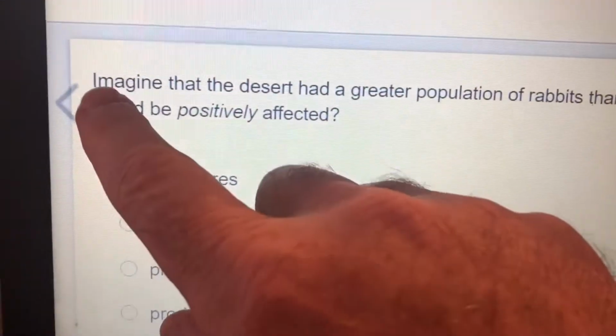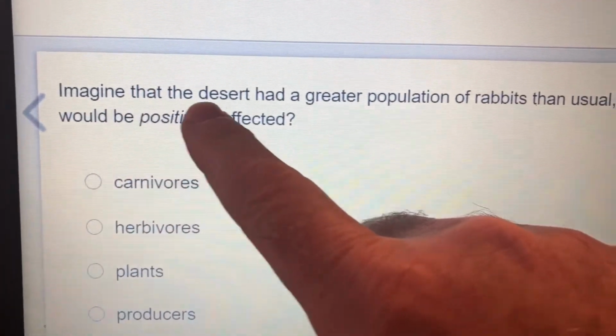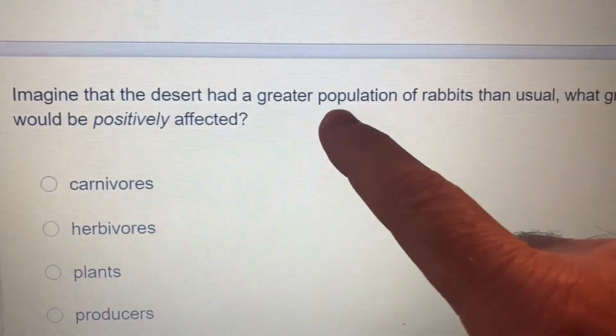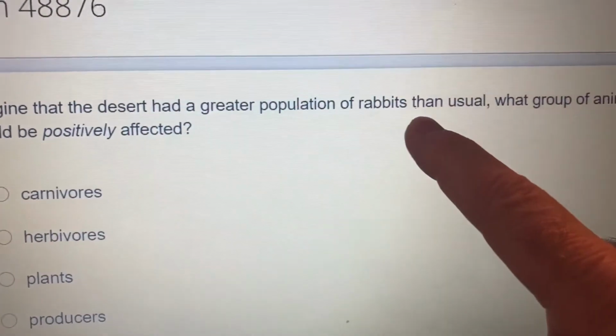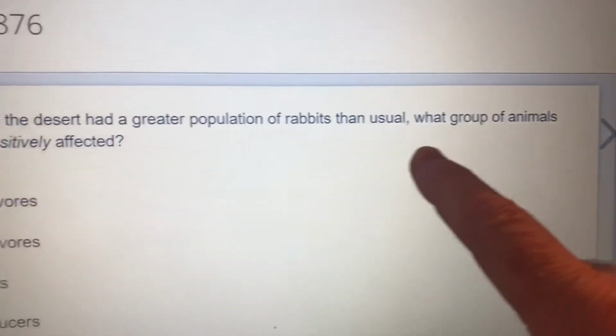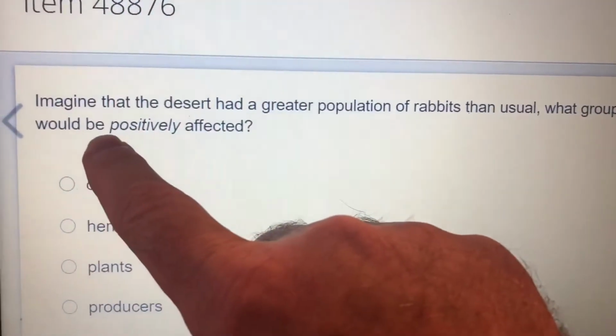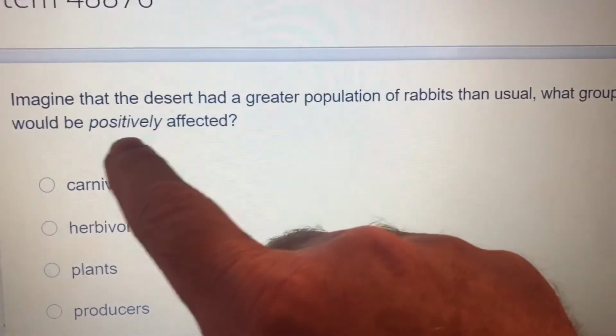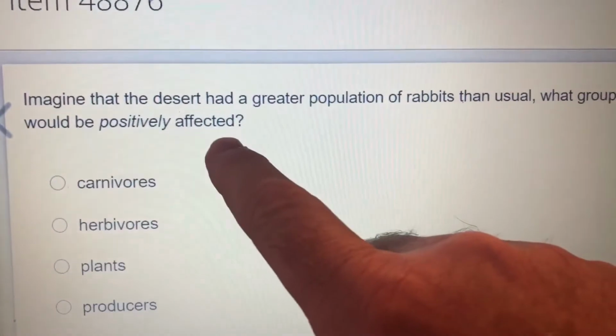So we are thinking how ecosystems are affected, okay, by either removing or adding species. So let's see. Imagine that the desert had a greater population of rabbits than usual. What group of animals would be positively affected?